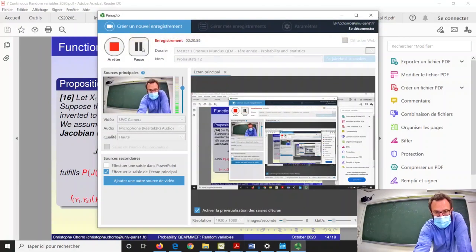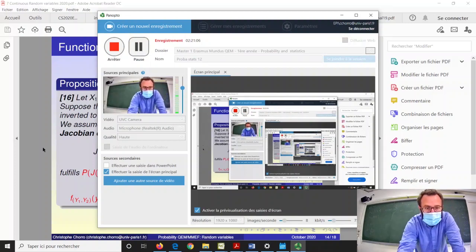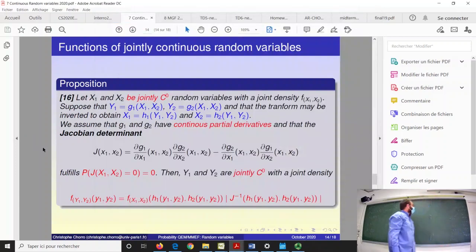Okay, so we express the transform, to express S and Z as functions of X and Y. I define G1 and G2 this way, and I am interested in the set of definition and the set of possible values for G1 and G2. So X and Y are gamma. What are X of omega and Y of omega in the case where I have two gamma distributions?